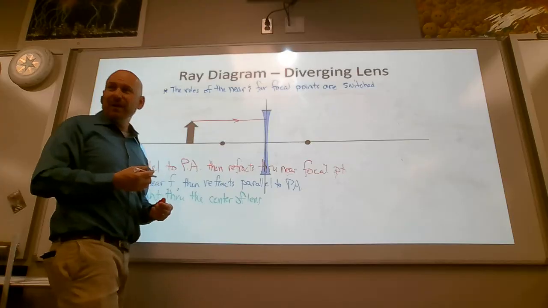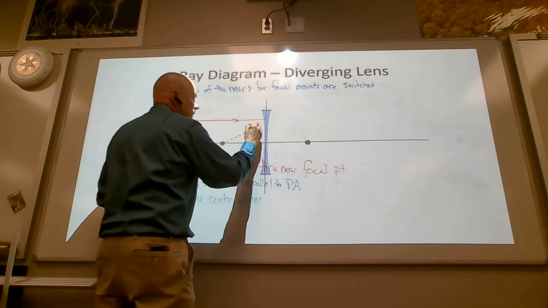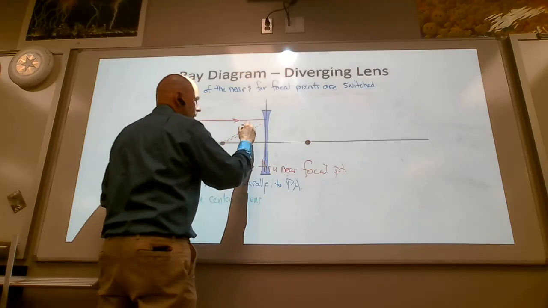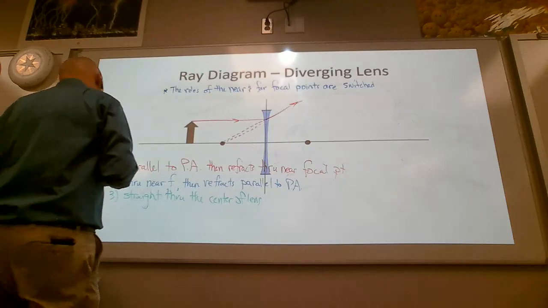Does that mean it bounces back? That would be reflection, not refraction. But this comes as if it came out of this point, through the near focal point.